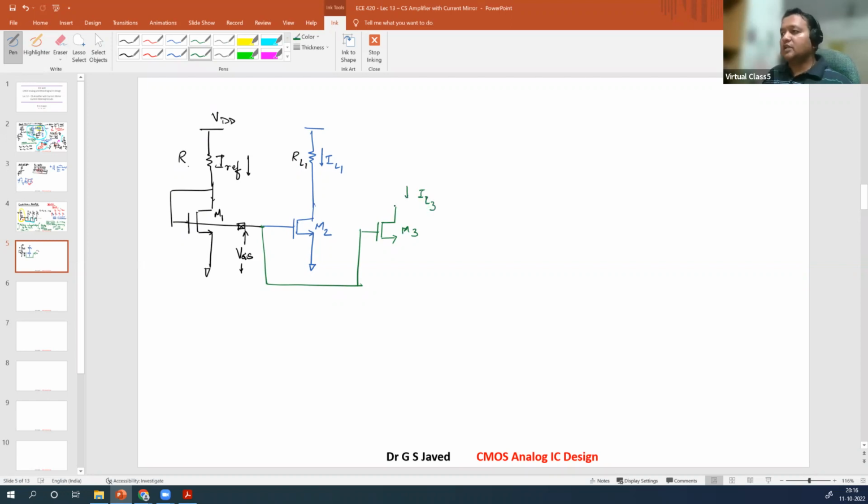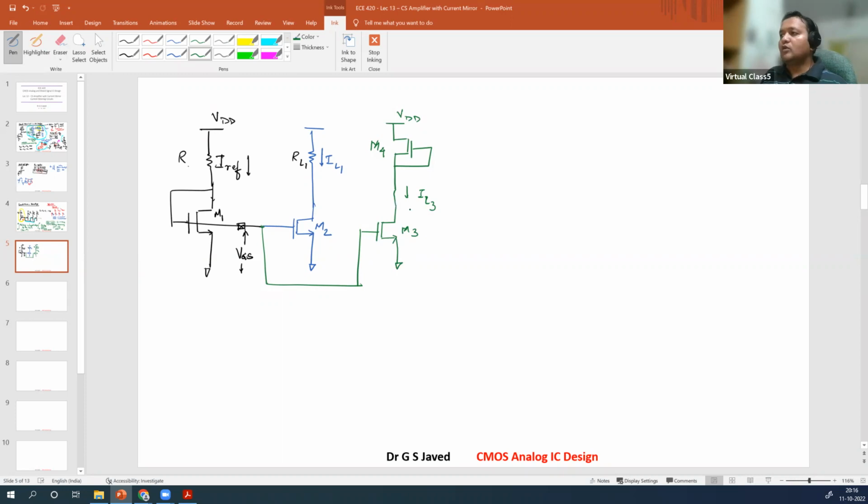Now this IL3, you would like to send it to a PMOS device. So instead of having a resistor, you will take a PMOS device with this current load M4, same VDD, and you will drive the current going here.